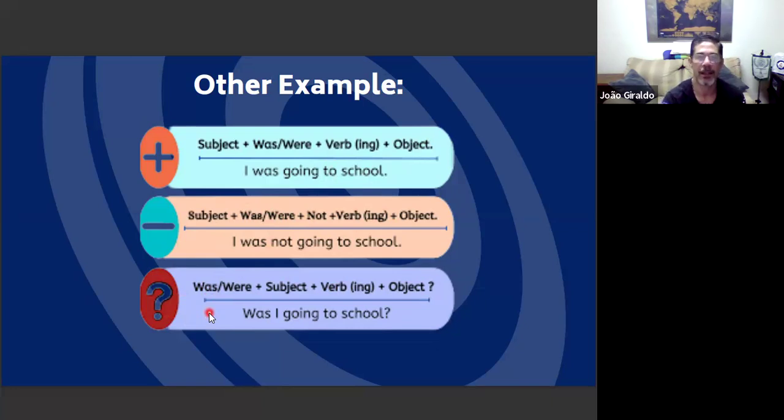And in this example here: was I going to school? So you maintain your verb in ing, you maintain the complement, you maintain the subject, only invert the position of your verb to be. Okay?